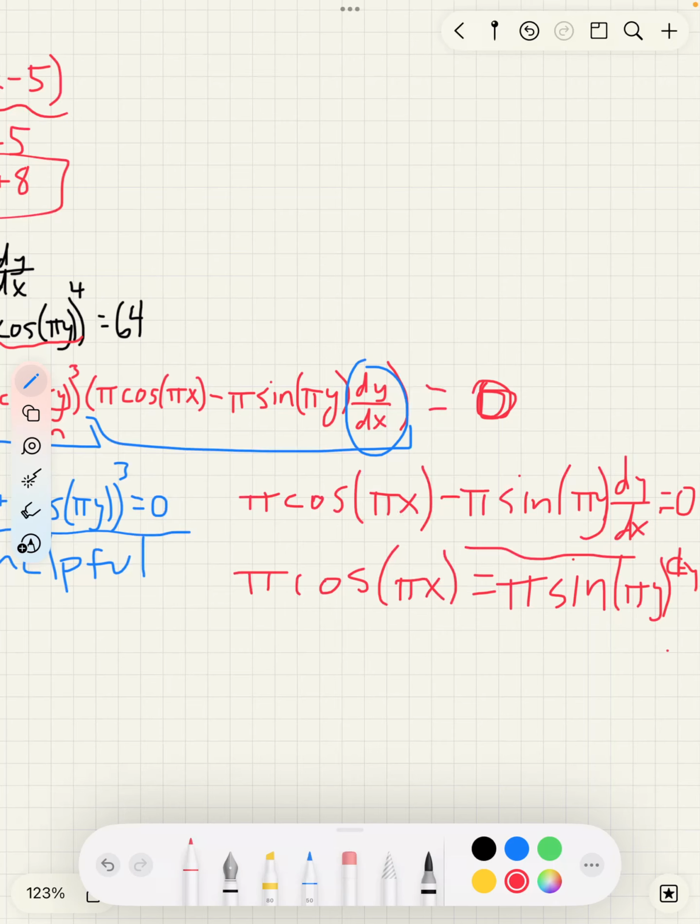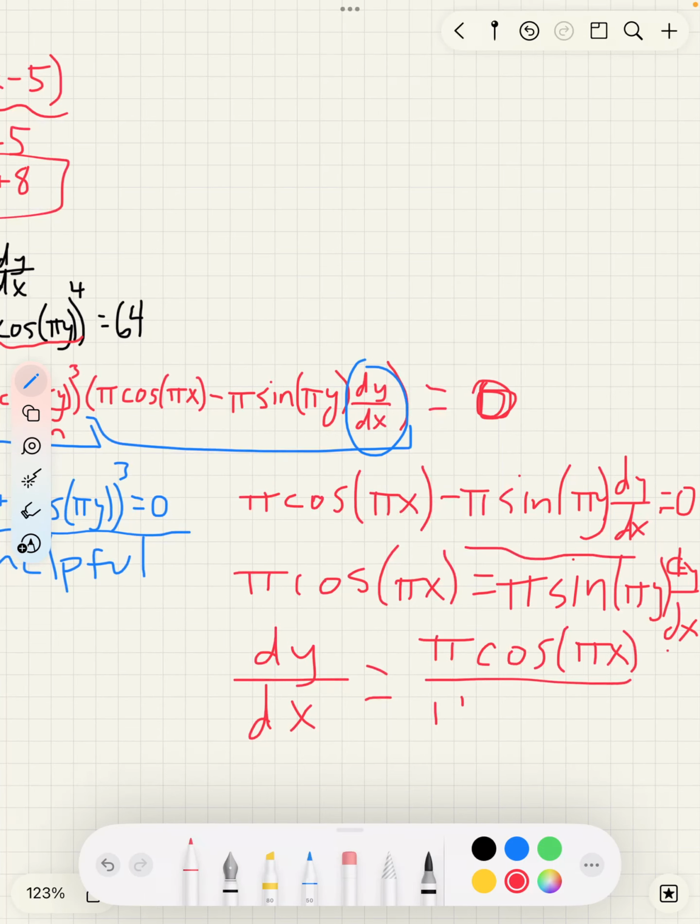And I can divide both sides by pi sine of pi y. So we get dy dx is equal to pi cosine of pi x divided by pi sine of pi y, which will reduce because pi is a factor in the top and the bottom, leaving just cosine of pi x over sine of pi y, which will be our answer.